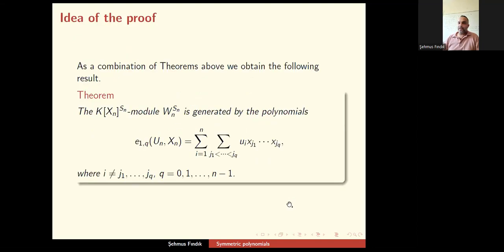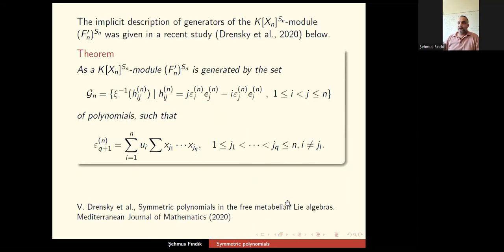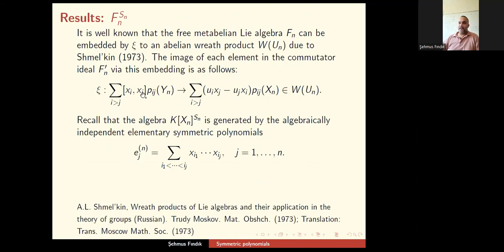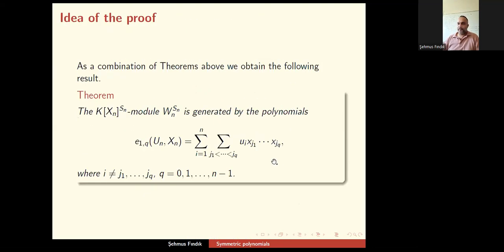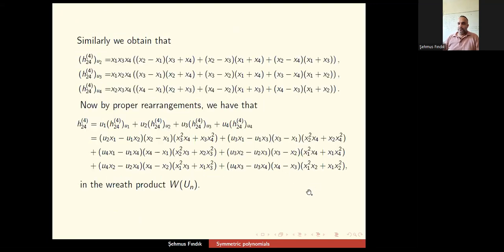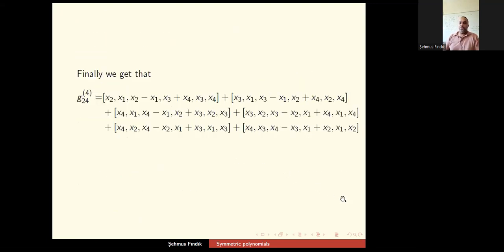Because when you go back, here, for example, xi xj stands for ui xj minus uj xi times all other elements here. So when you go back to here, you get the adjoint operators. So in the end, what you get as a generator is in this way. So you have only one of the elements in here.